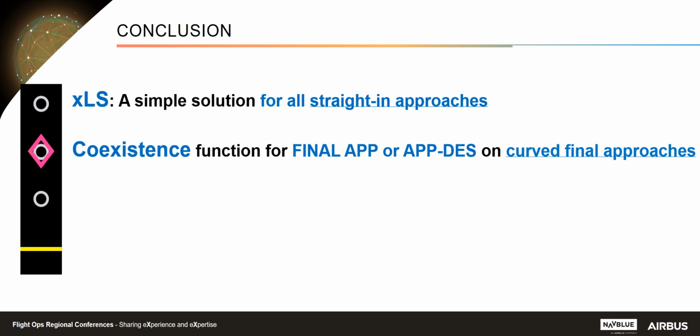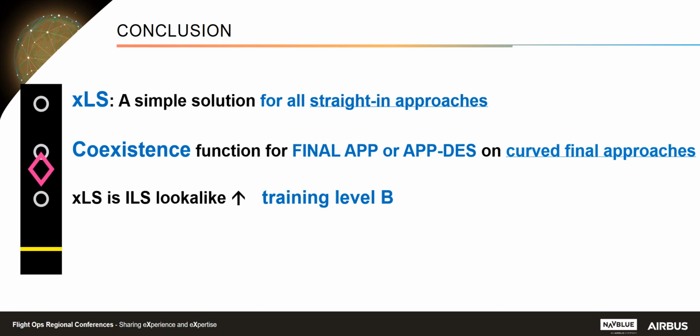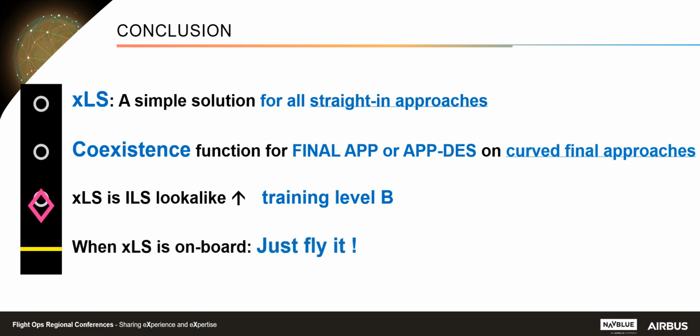The key point is commonality with ILS. XLS guidance modes are ILS lookalike solutions, so a training level B is declared sufficient. The coexistence is level A. So when you select your approach in the FMS, automatically the FMS selects the corresponding guidance mode to follow this approach. You just have to monitor and fly it.